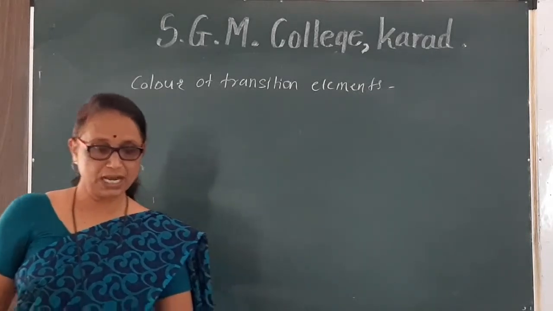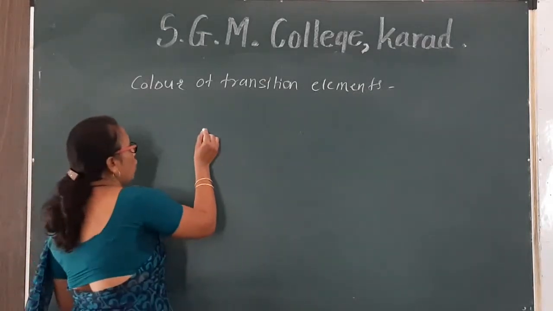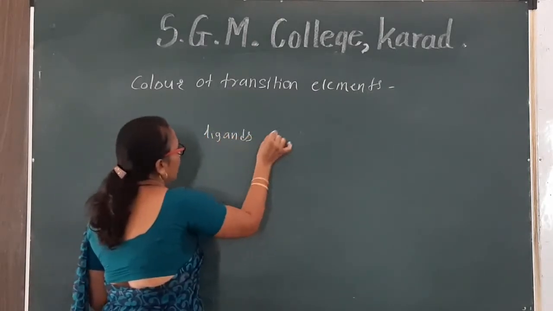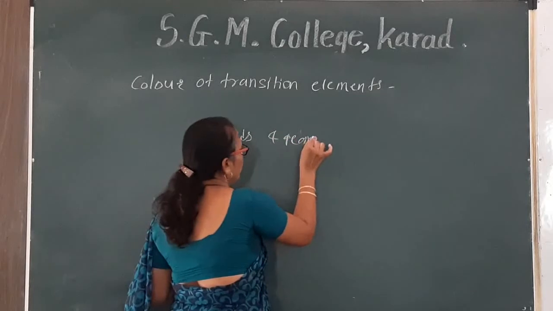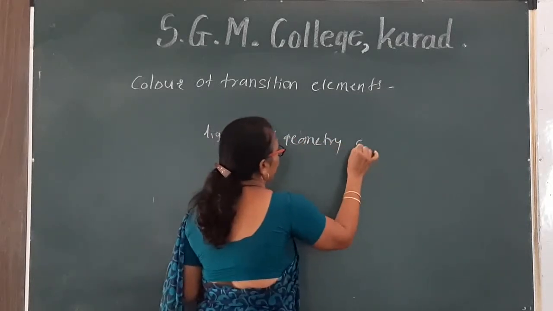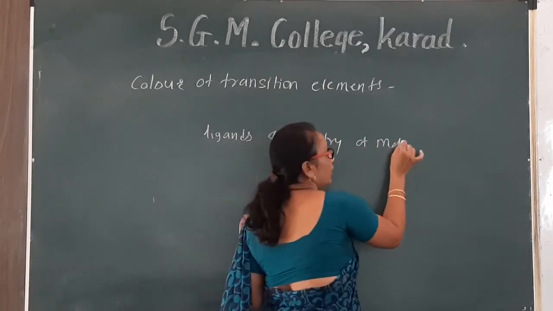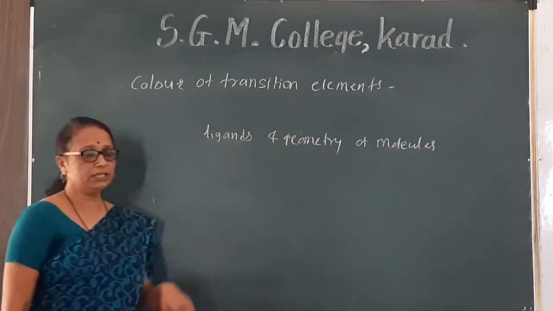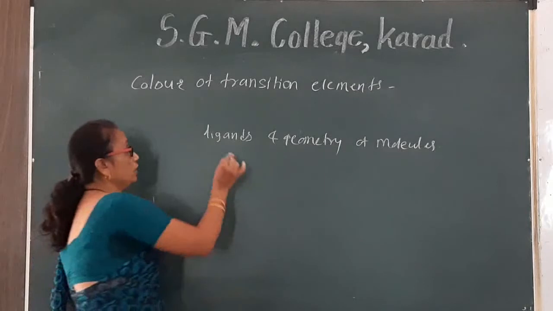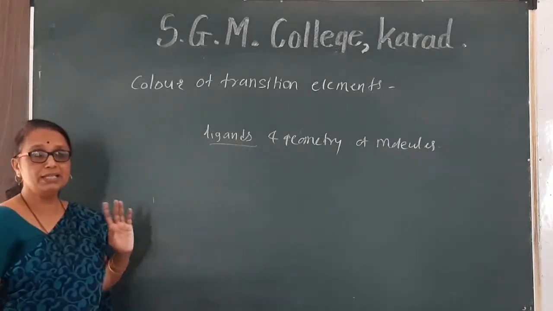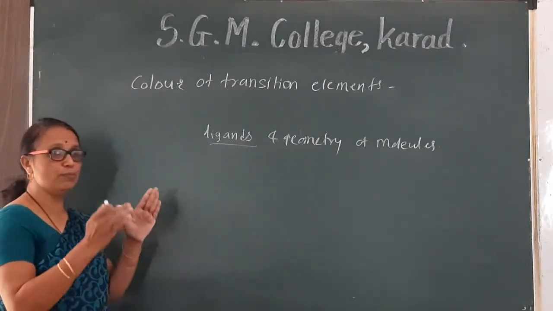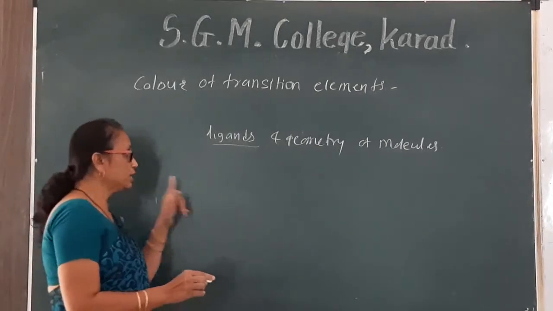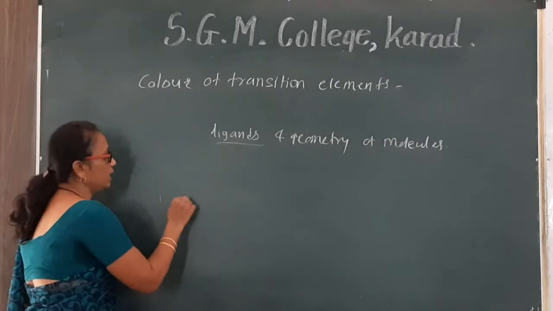Color of metal ions also depends on the nature of ligands and geometry of molecules. Color is mainly due to d-d transition, but it also depends on the ligands. What is meant by ligands? Ligands are the molecules, atoms or ions surrounding the central metal atom.